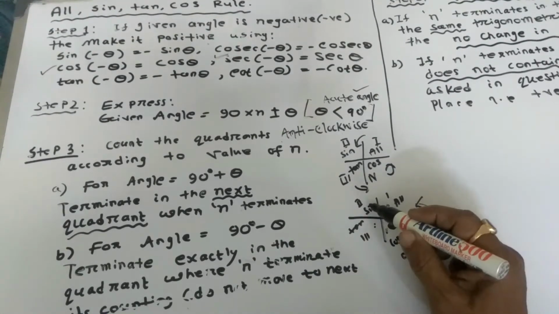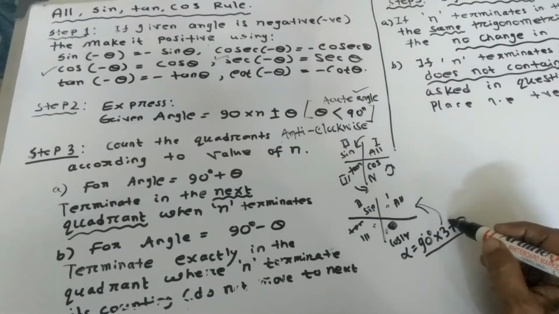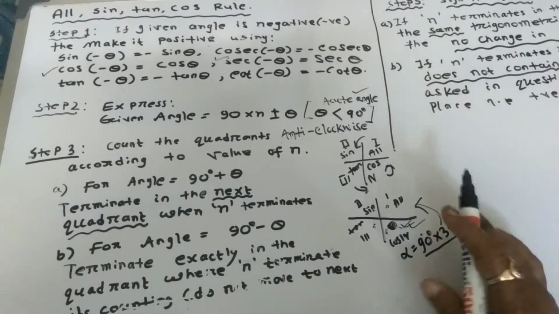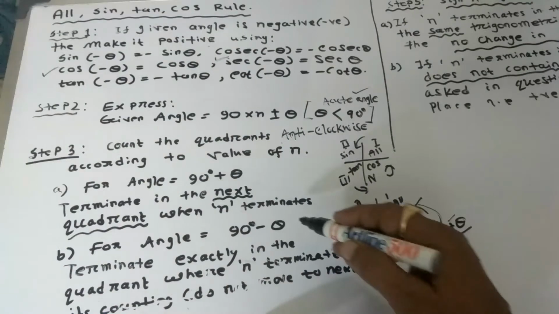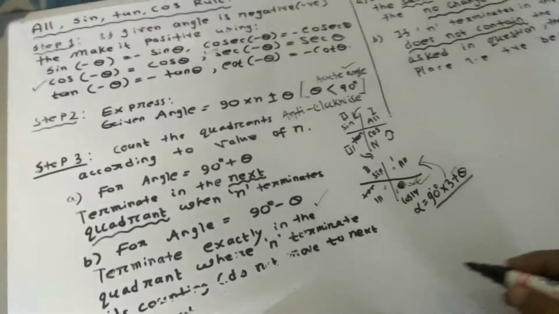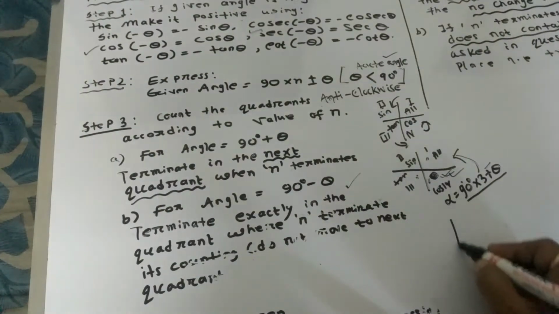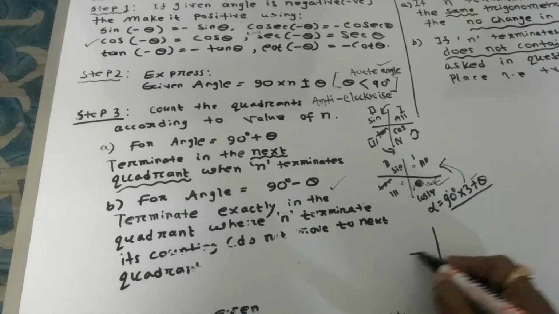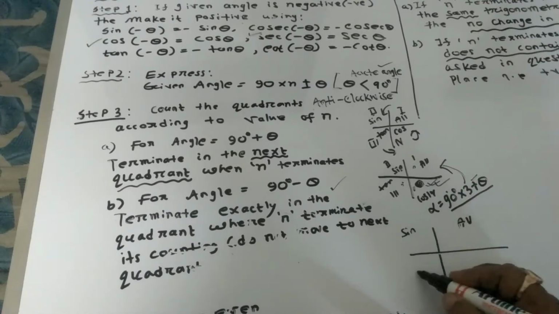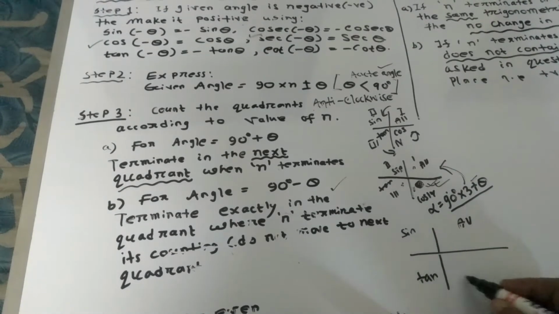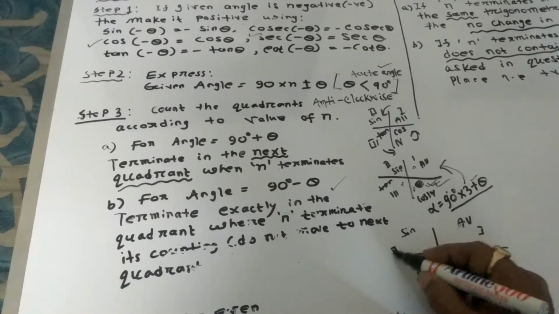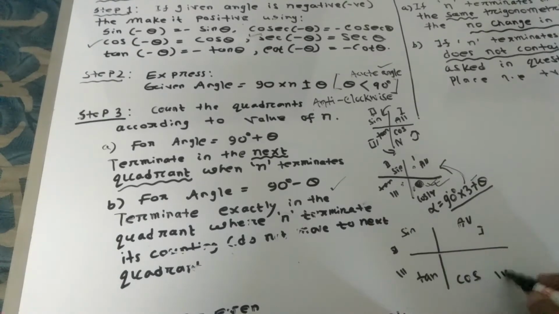This is in the fourth quadrant: though the count is 1, 2, 3, the plus sign means you have to shift to the next quadrant. For minus, there is no need to move to the next quadrant.